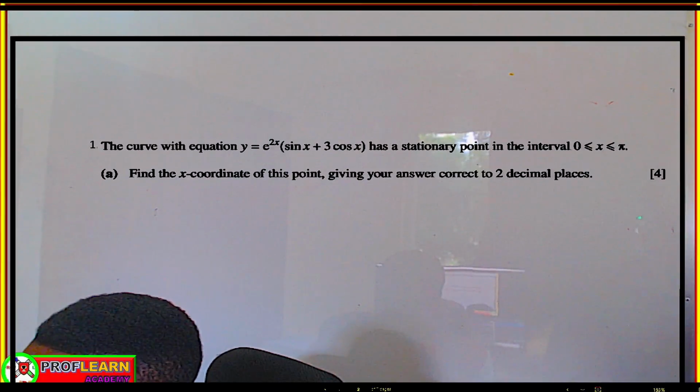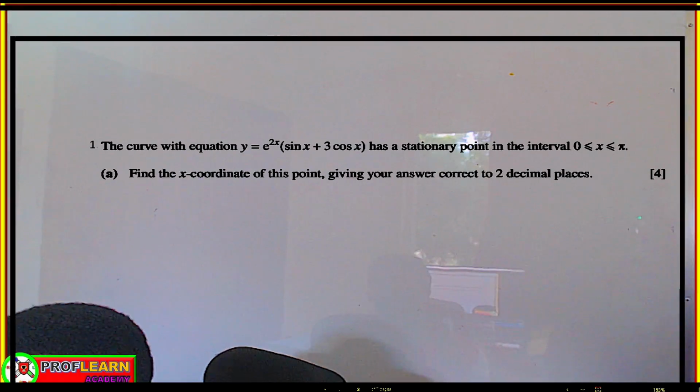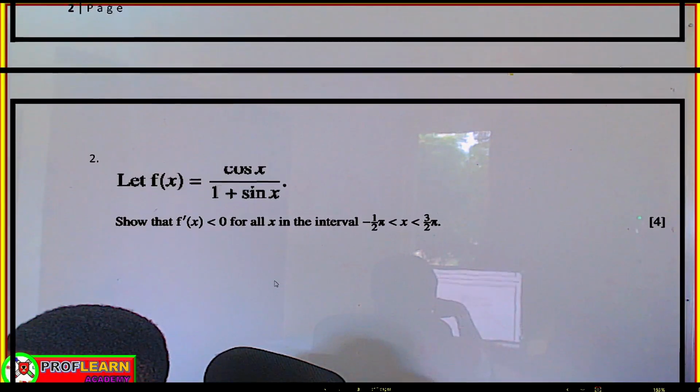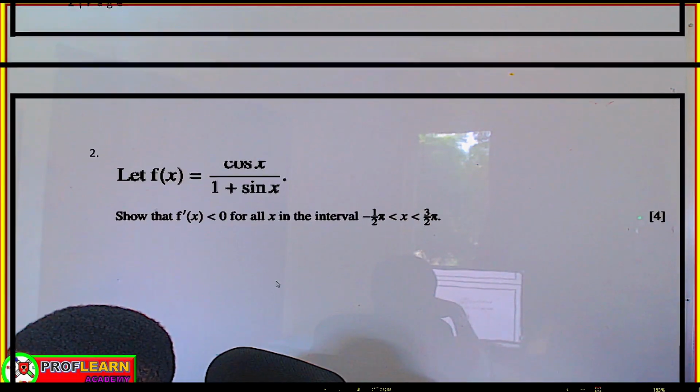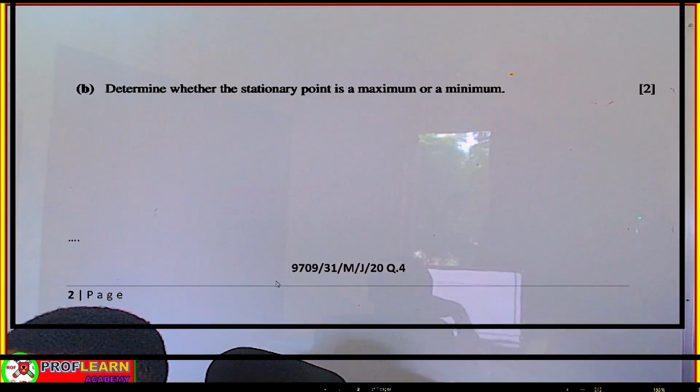In the previous video and the previous part, we dealt with how to differentiate questions like these ones. We did question 3, how question 2 uses the quotient rule. At this point, question 1, we are supposed to use the product rule, and we also learned how to find the stationary point and determine whether it is a maximum or a minimum.